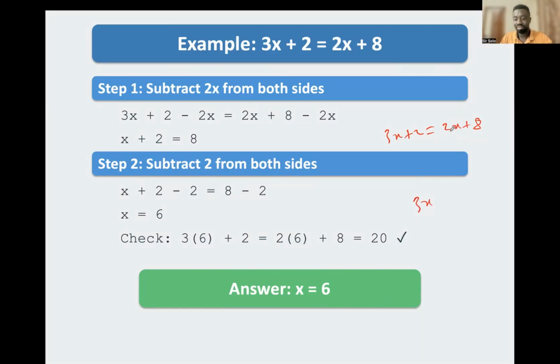This is positive, so the 2x will cross and be a negative 2x. It's equal to 8, and we also take the constant from the left side to the right side, minus 2. So we have 3 minus 2, which is 1. So we have x is equal to 1 times 8 minus 2, which is 6. Cool. That's very simple.